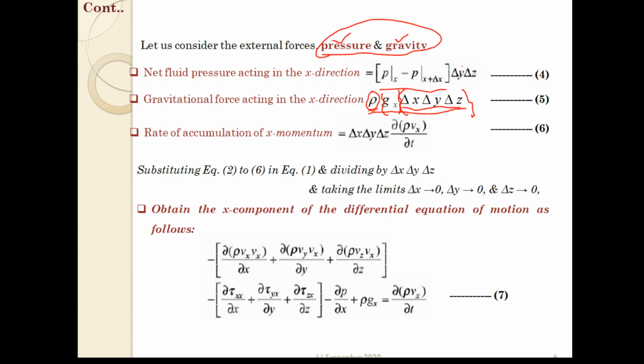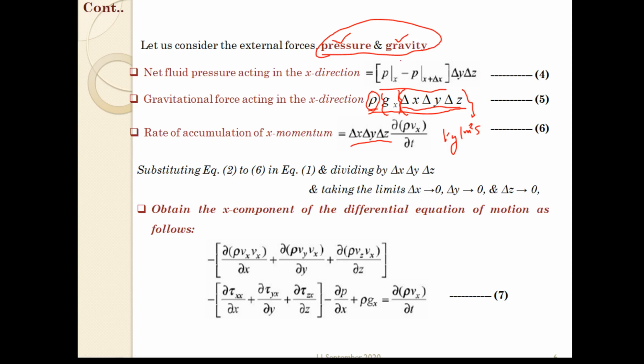Now the rate of accumulation of the x component of momentum inside the control volume is del x del y del z into del rho vx del t, which has the unit kg per meter square second. Now take the convective momentum, the conductive momentum, the x component of the pressure force, the x component of the body force and the rate of accumulation.